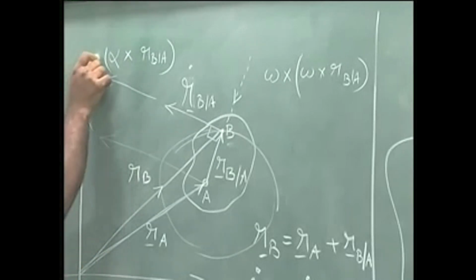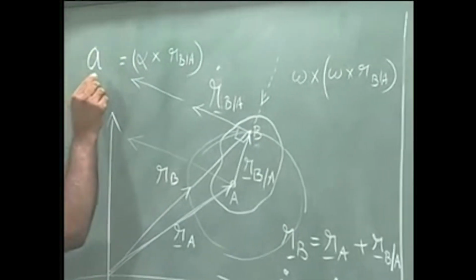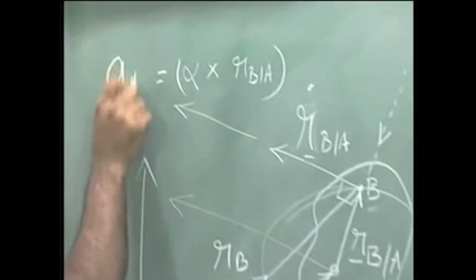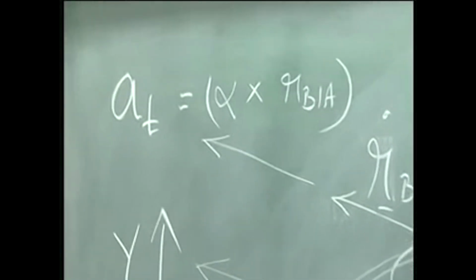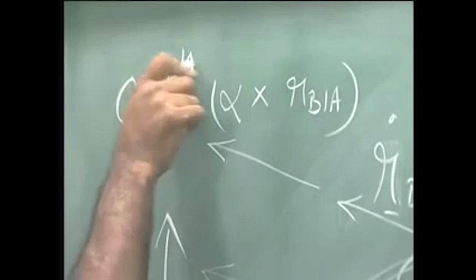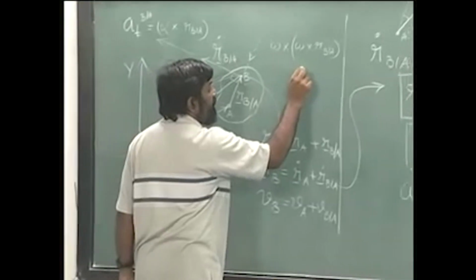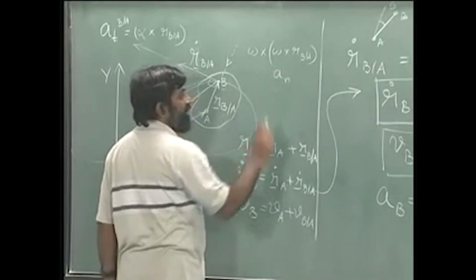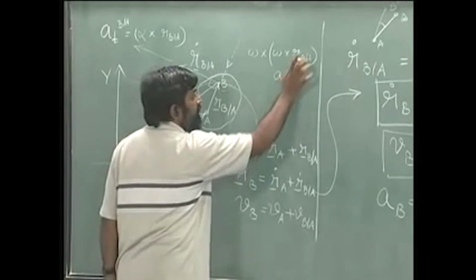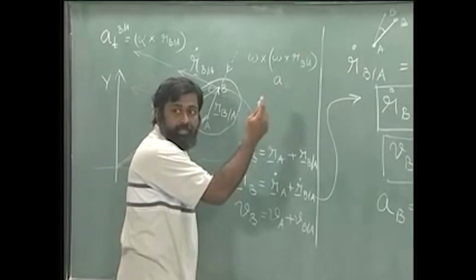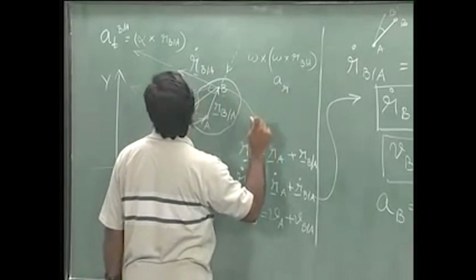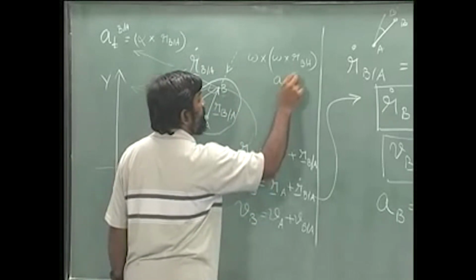So I am going to call this A, what shall I call this as, T of B with respect to A, and this I can call as A n, or let us say R, A R is fine, A R of B with respect to A.